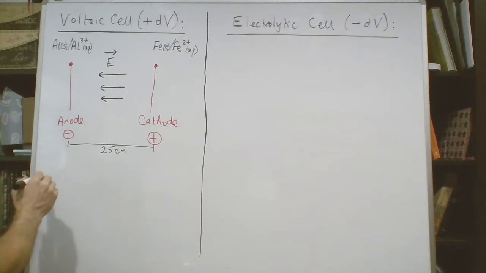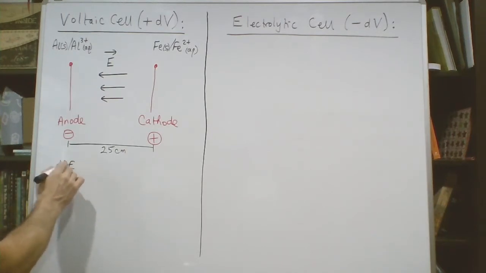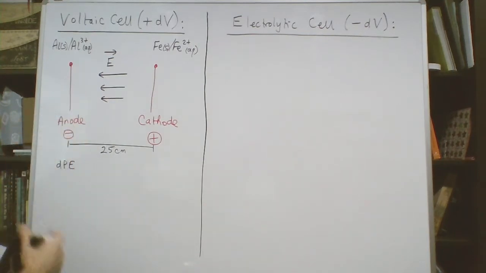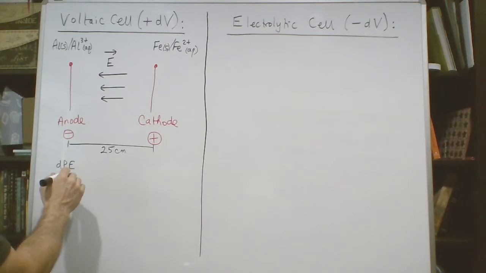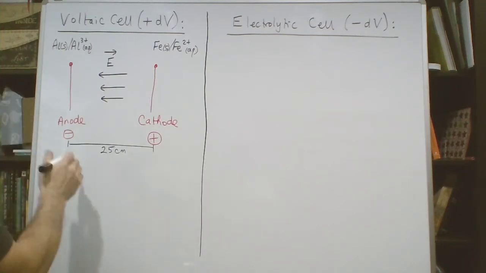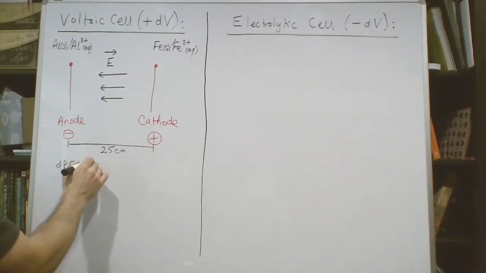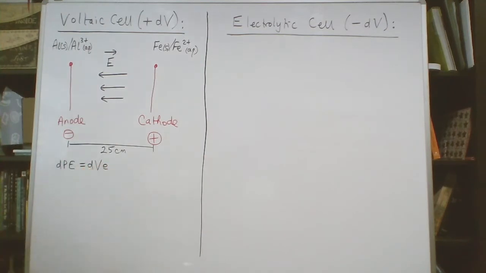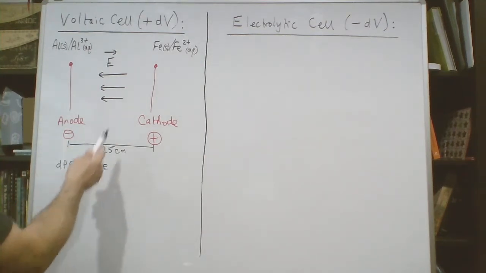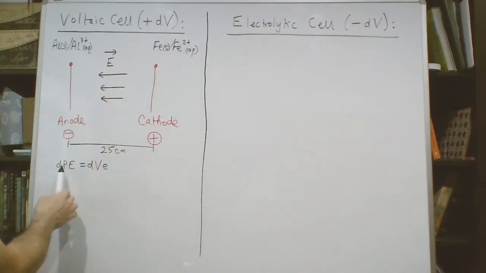We know from previous videos and discussions that the change in potential energy is the change in voltage times the test particle here, the electron. Remember we said earlier that the change in voltage was the change in potential per unit charge.